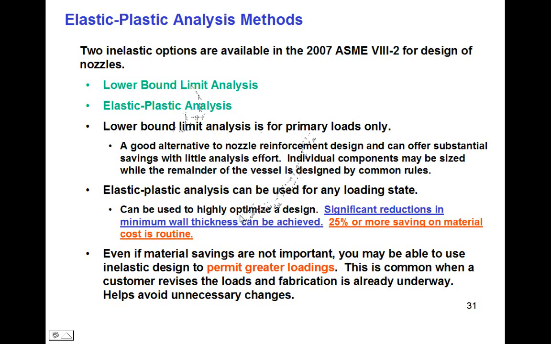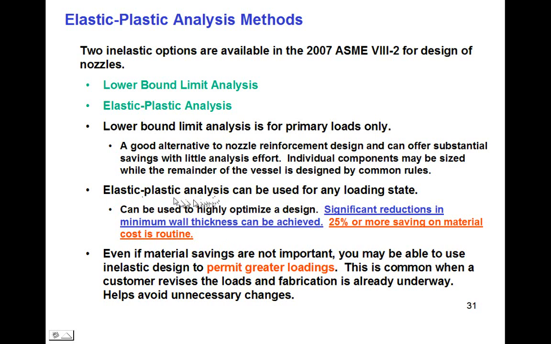It can be used to optimize designs. You can find significant reductions in the minimum wall thickness can be achieved, i.e. you can set your wall thickness based on your elastic-plastic analysis, and you can easily save 25% or more on material costs. This is anticipated to be routine. So we're thinking that certainly in the next few years we'll probably be seeing more elastic-plastic analysis.